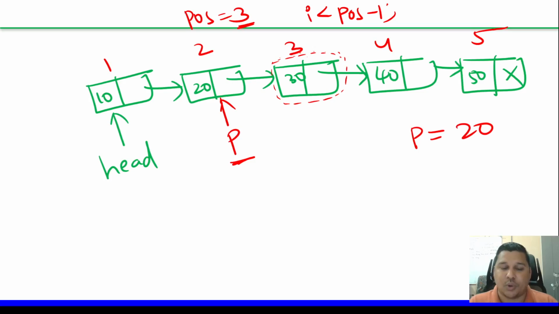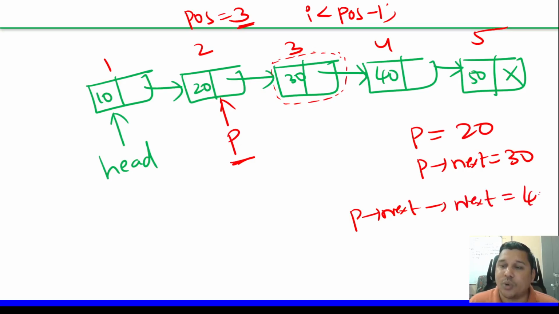P's next is pointing to 30. P next's next is pointing to 40. So P is pointing to 20, P next is pointing to 30, and P next next is pointing to 40. This is about single linked list.